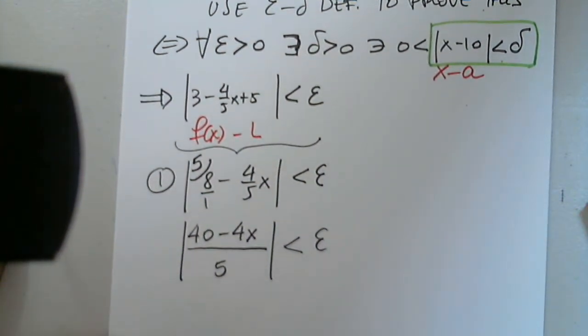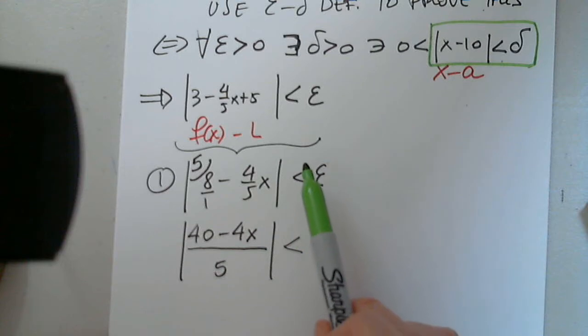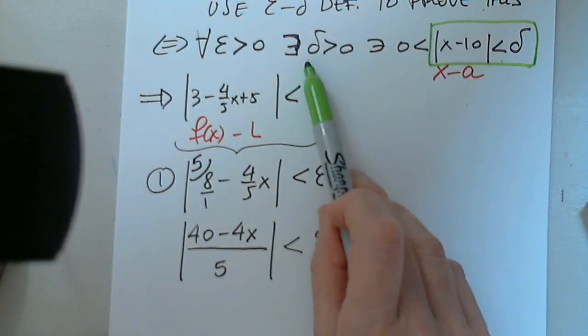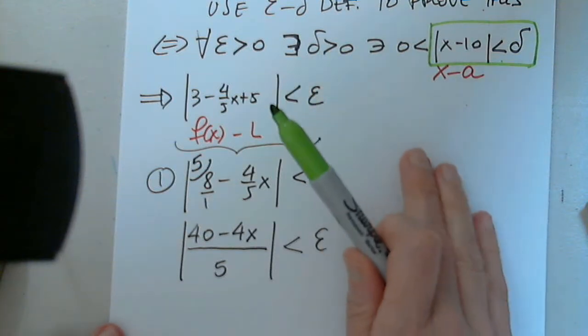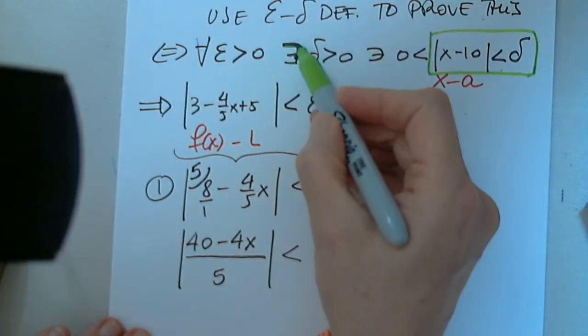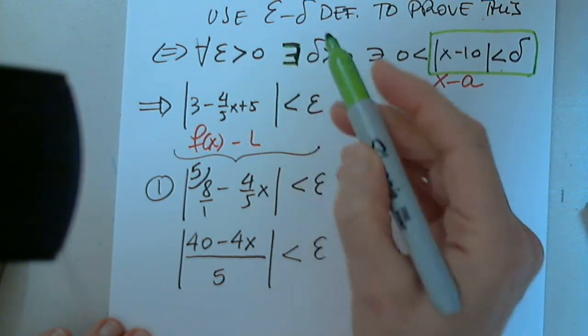What's written before the delta, in the middle of the page? This one? Yes, right there, right before the delta. It's this symbol: there exists.